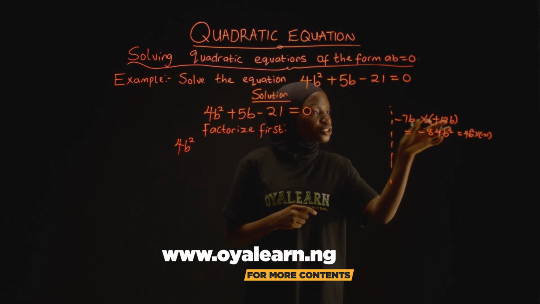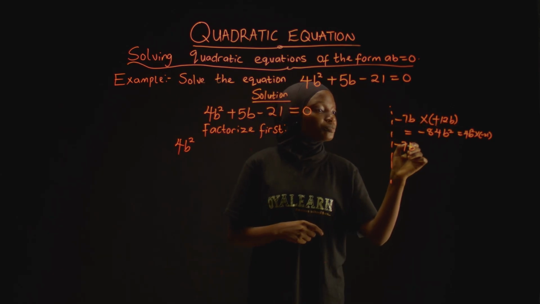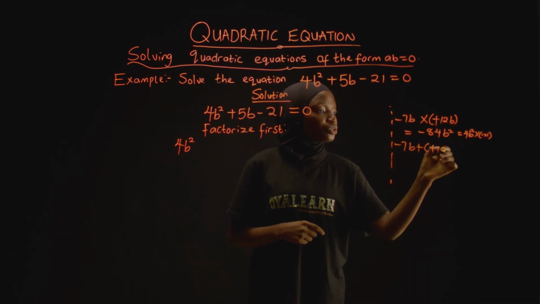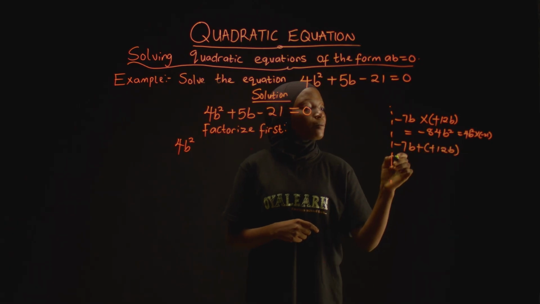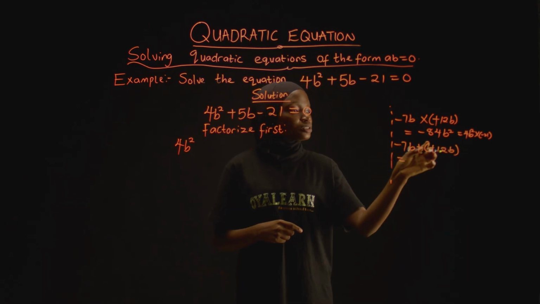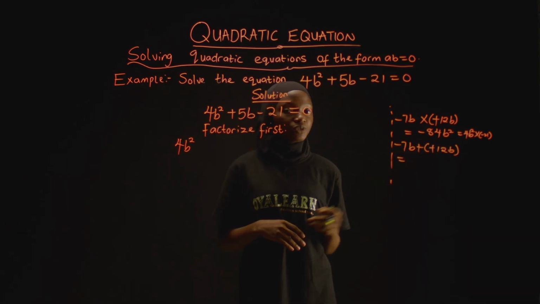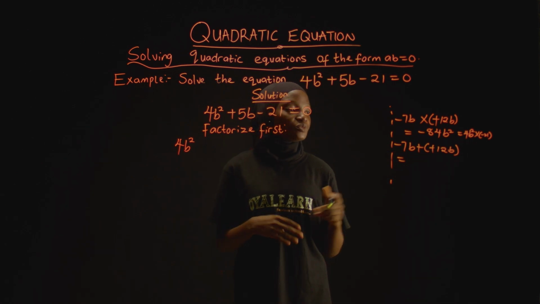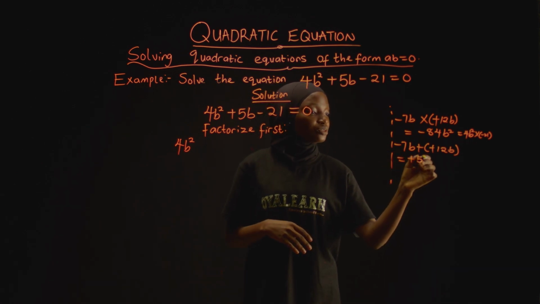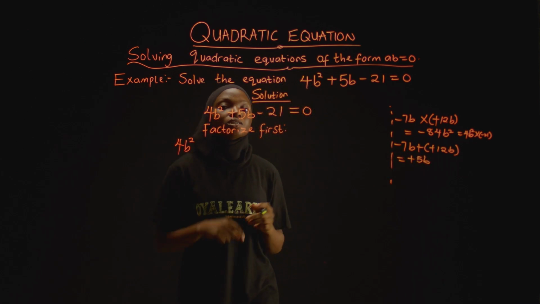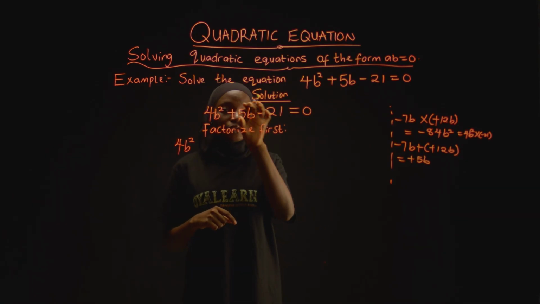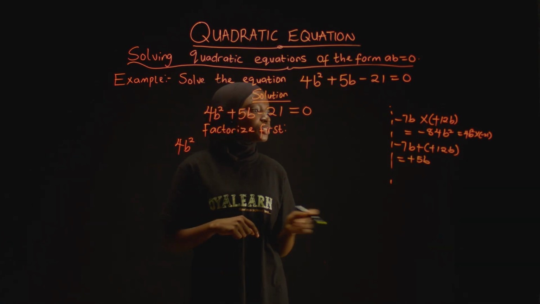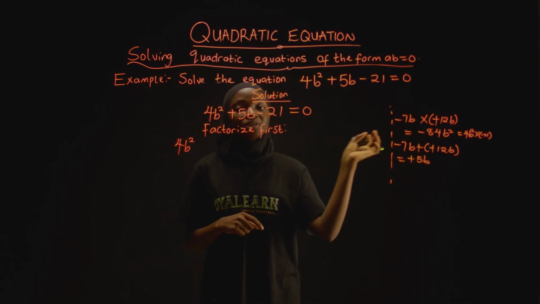And when we take the sum of these two terms, minus 7b plus 12b, we have plus 5b, which is the second term we have here. So we can replace this second term with these two terms, minus 7b and plus 12b.